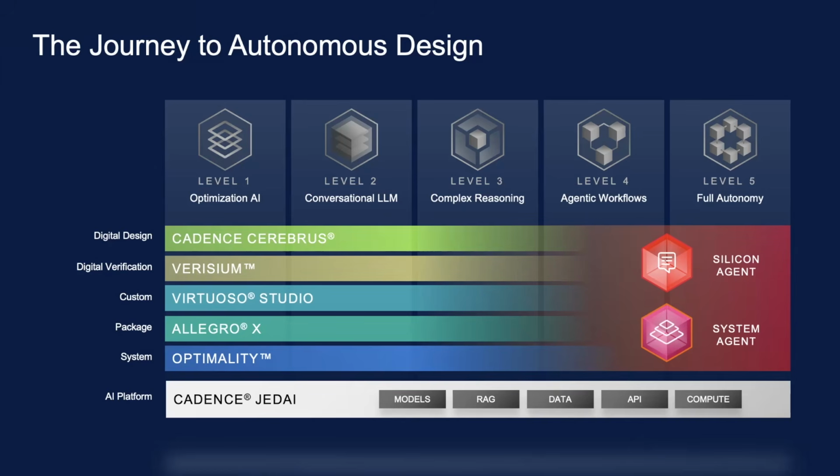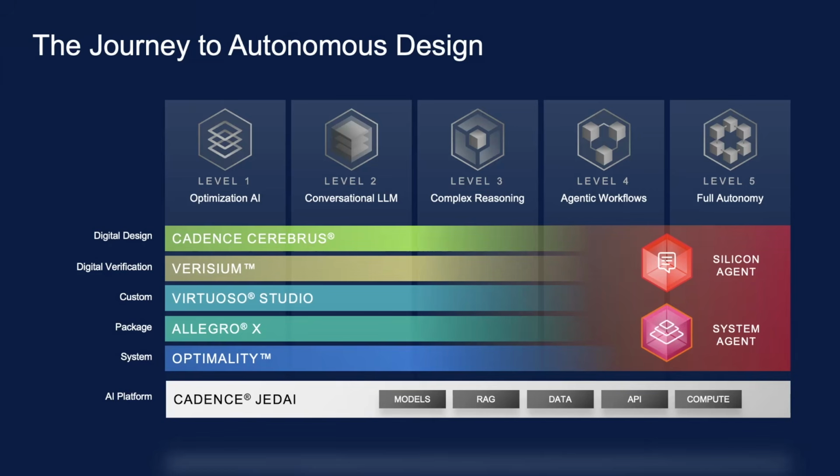So we have level one, which is the optimization AI, meaning that we have leverage of data to improve the core algorithms of our tools in all these areas. Improvements happen mostly through reinforcement learning and core machine learning technologies to improve these algorithms. This has been around for many years.